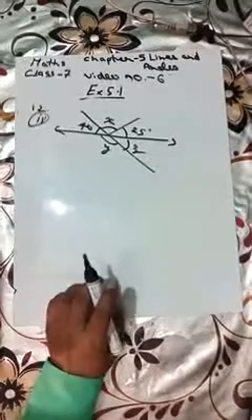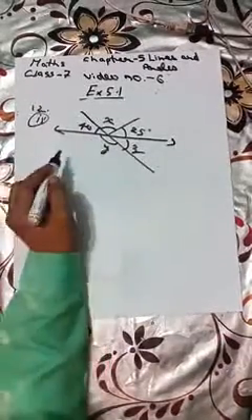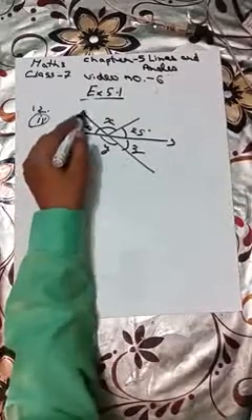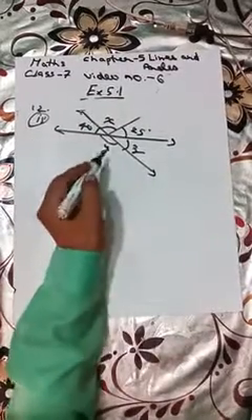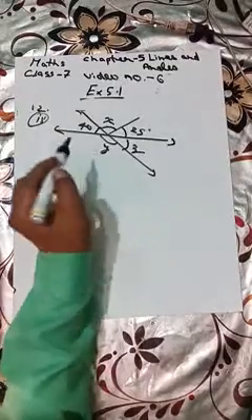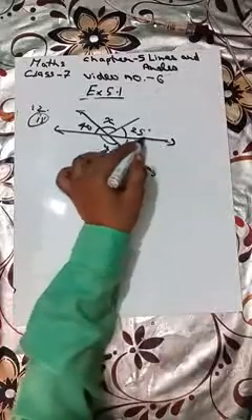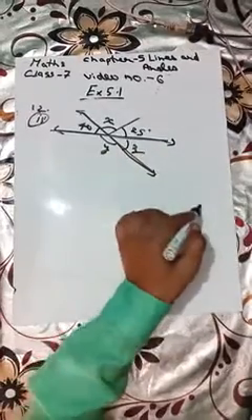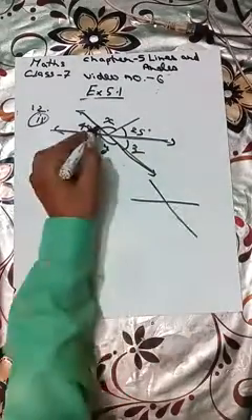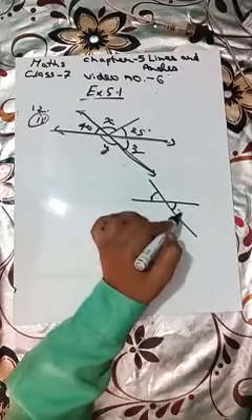Now I've taken question number 12, second part. I have to find out x, y and z. Okay, if you see, it is not like you should find first x then y. It's not like that. If you see this line, one is this line, the other is this line. Okay, this angle 40 is this and angle z is this. They are vertically opposite angles.